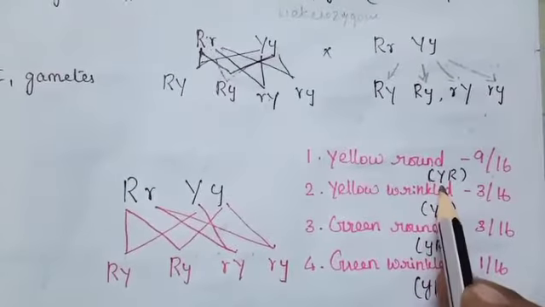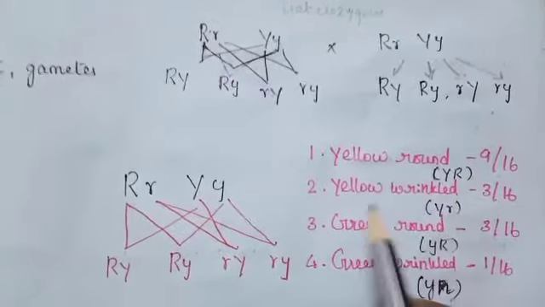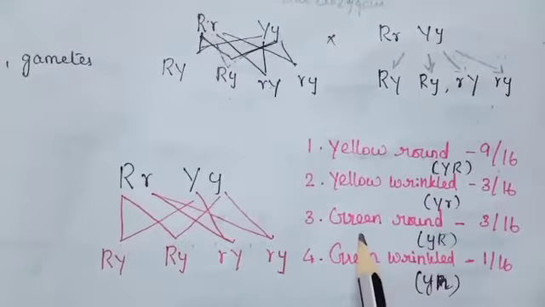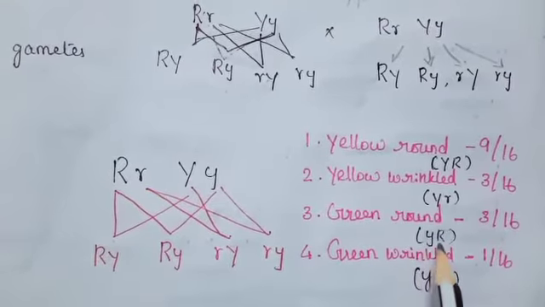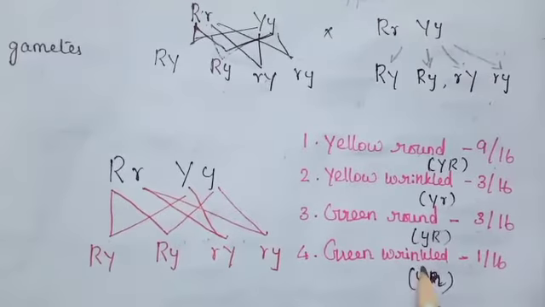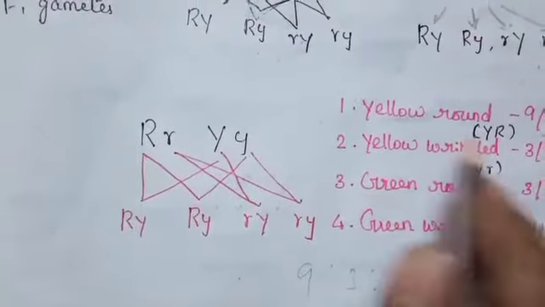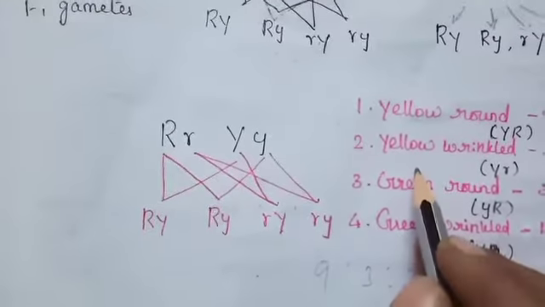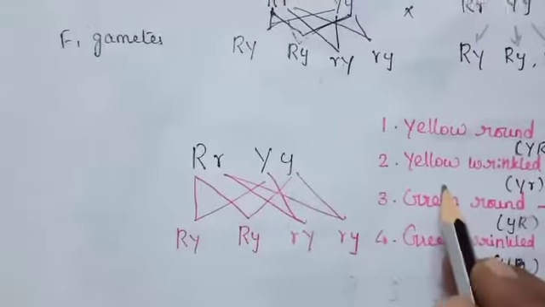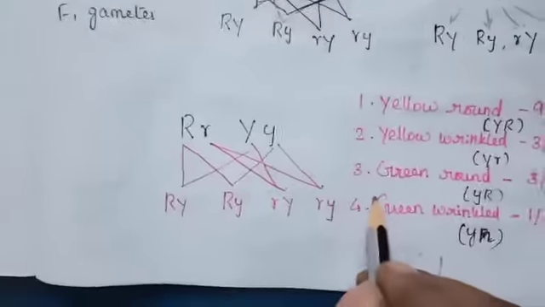Yellow round is capital Y capital R, yellow wrinkled capital Y small r, green round small y capital R, green wrinkled small y small r. This is a 9:3:3:1 ratio.